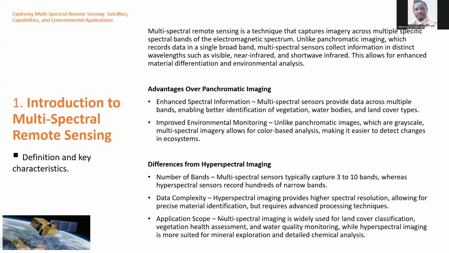Its application scope, multispectral imaging is widely used for land cover classification, vegetation health assessment, and water quality monitoring, while the hyperspectral imaging is most suitable for mineral exploration and detailed chemical analysis.